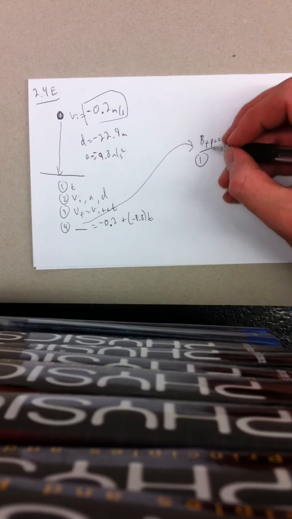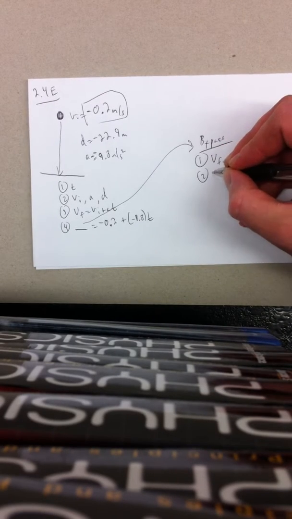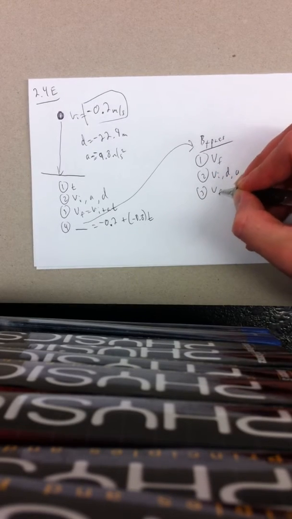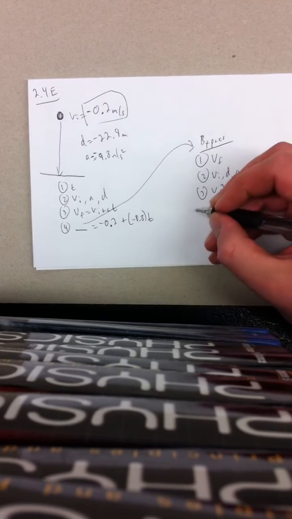step number 1, we're solving for VF. Our givens are VI, D, and A. We can use VF squared equals VI squared plus 2AD.